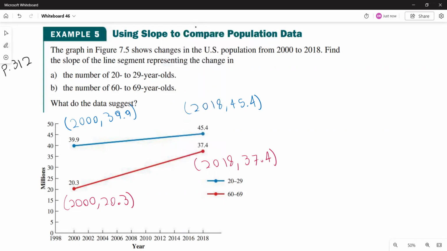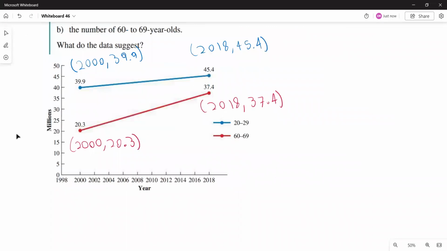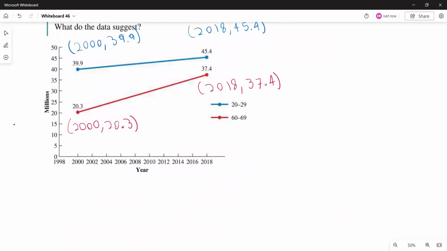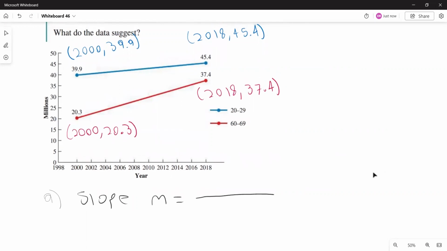Okay, so in part A, the slope, usually denoted with the letter m, is 45.4 minus 39.9 over 2018 minus 2000.